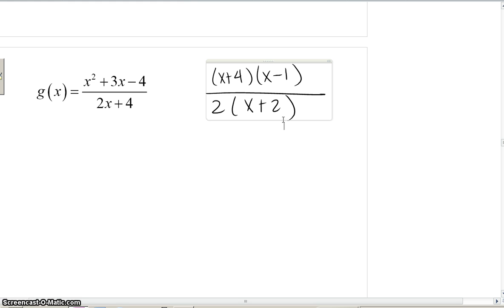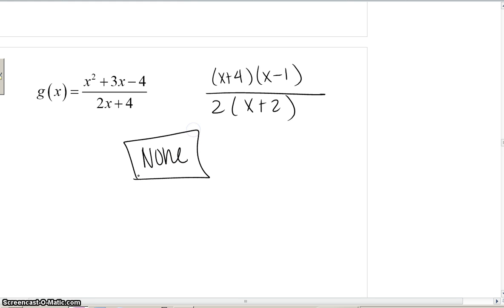Okay, so once you've factored it out, we try to see if there's anything in common, and it doesn't look like it, which means that there is no hole. There's nothing that's in common.